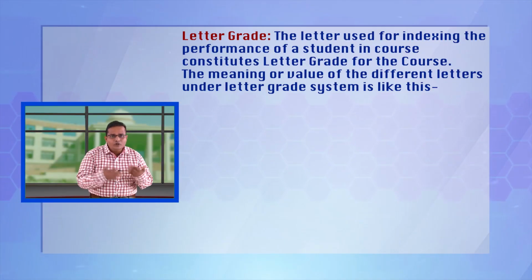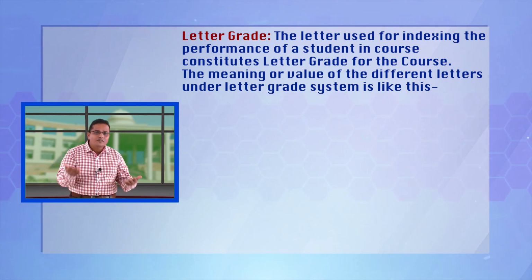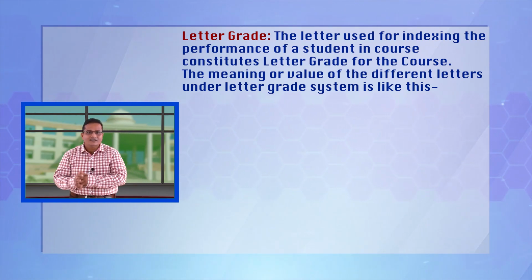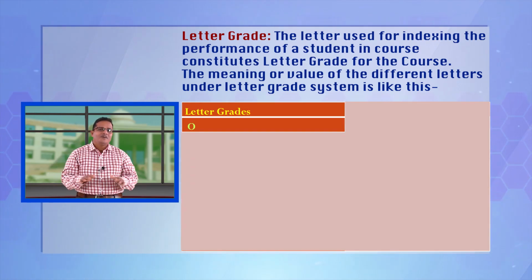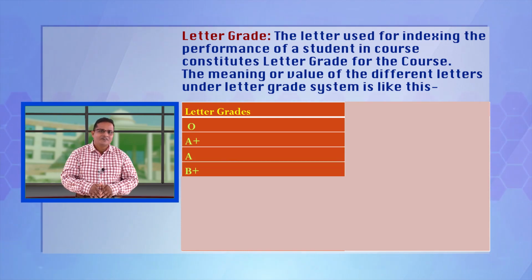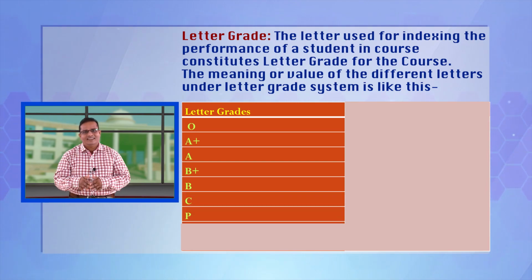The letter used for indexing the performance of a student in a course constitutes the letter grade for the course. CBCS follows letter grades like O, A plus, A, B plus, B, C and P.